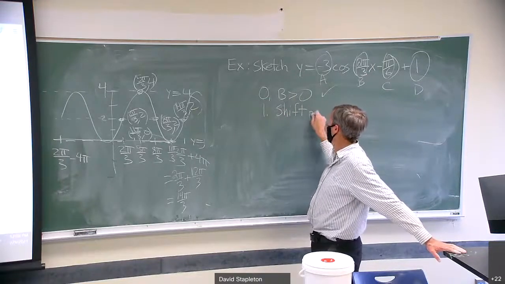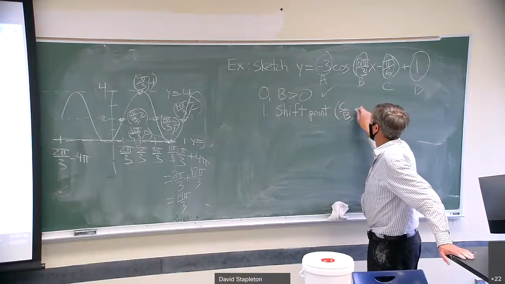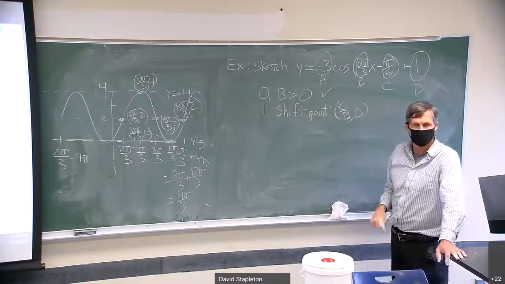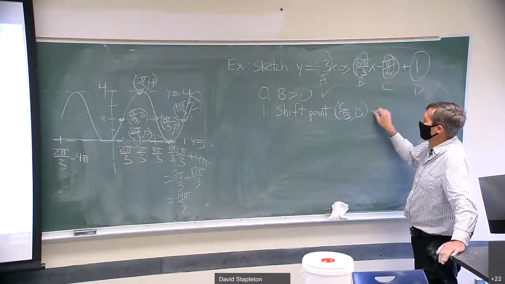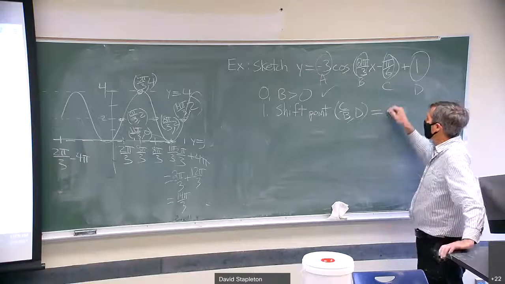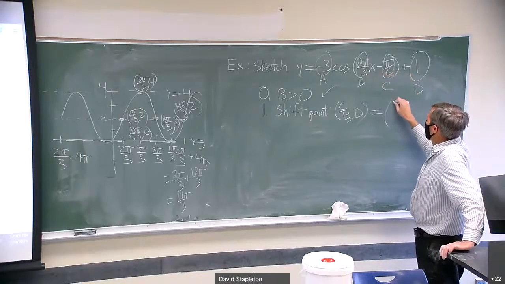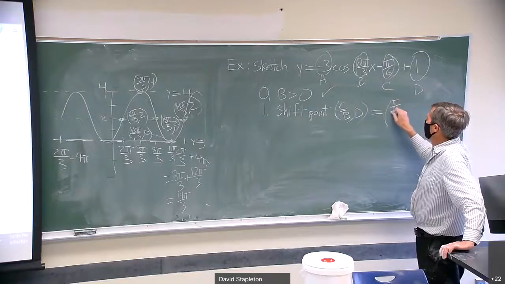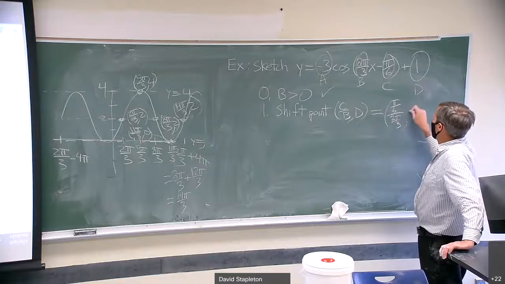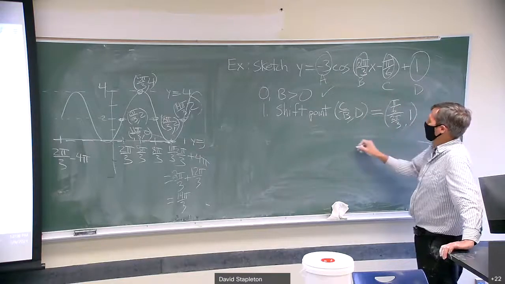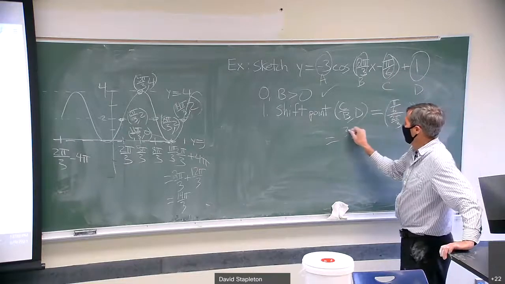What's the shift point? You just memorize it. It's C over B, D. Right? You just memorize that. Otherwise, you have to figure out algebra every time, which I told you just makes me dizzy. C over B is pi over 6 over 2 pi over 3. And so you get some fast fractions here. And then D is 1. Well, what's this? Top times bottom is 3 pi.